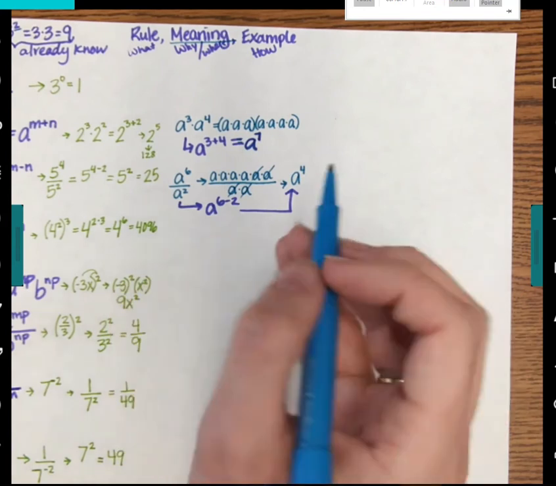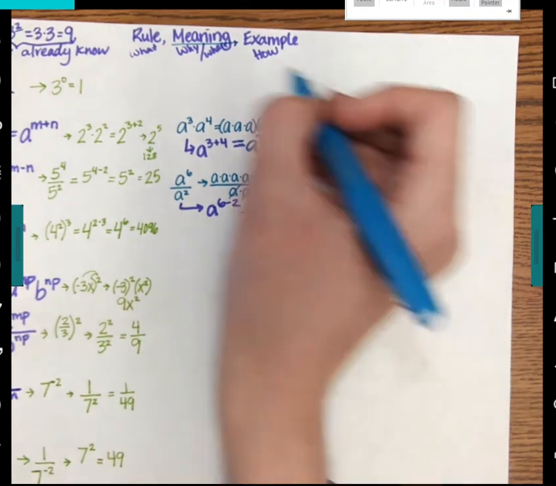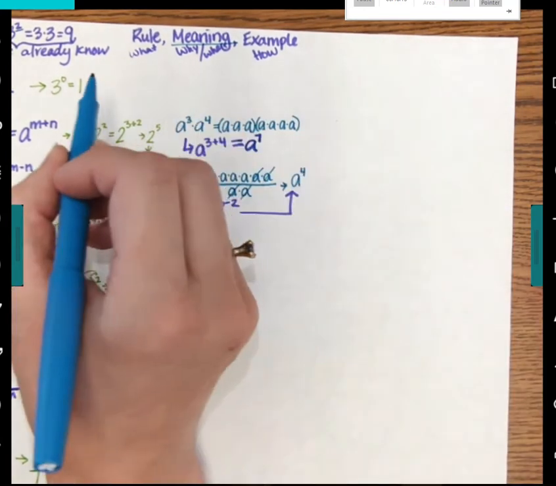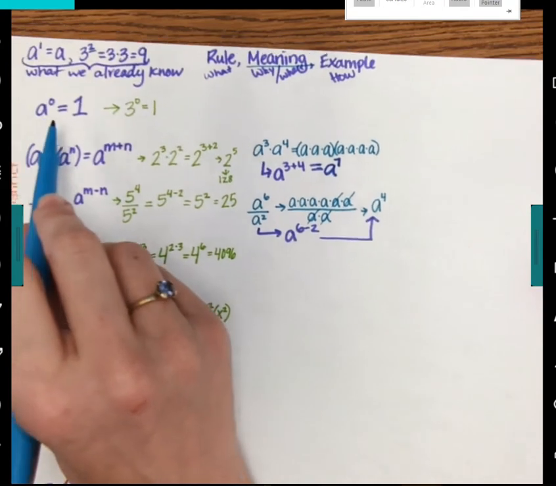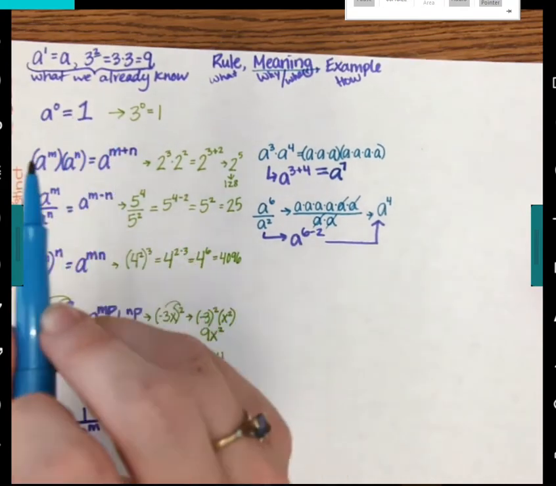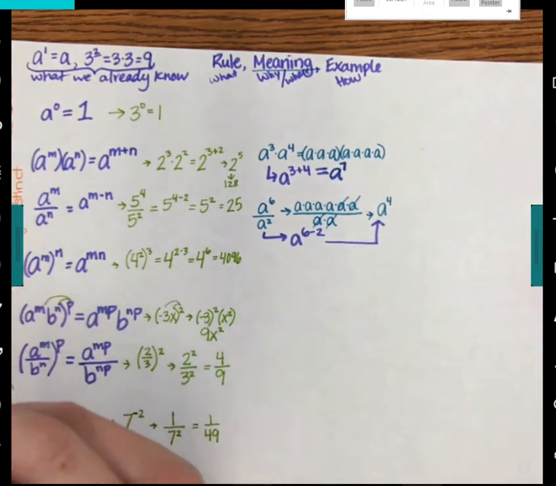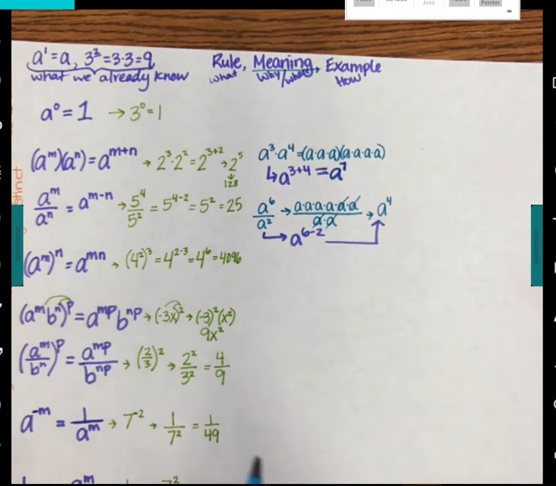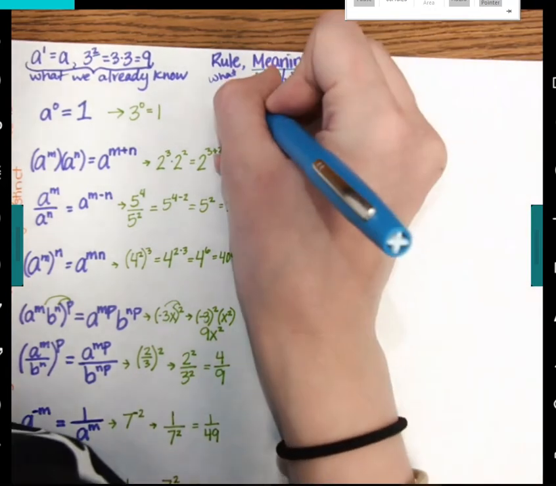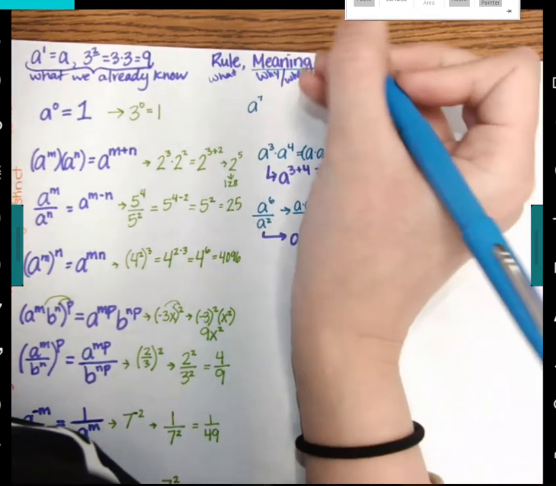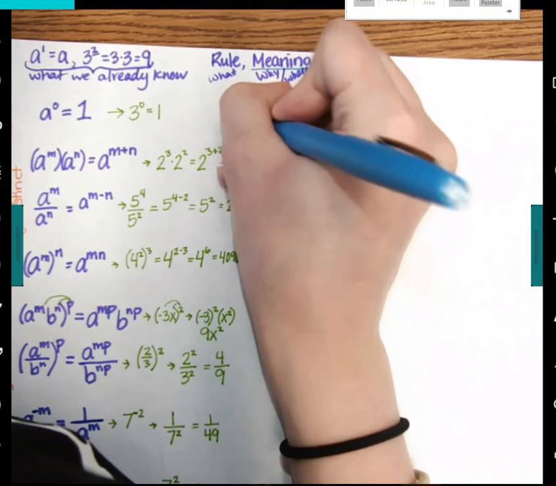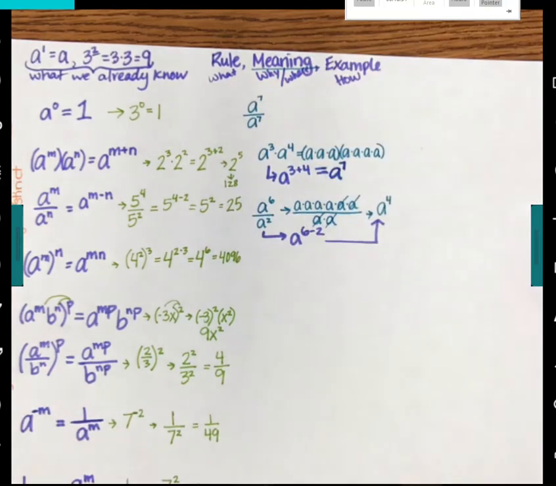Okay, so with this in mind, we're going to go back up to rule number 1. This says that anything to the 0 power equals 1. What that will look like, for example, say we have a to the 7 divided by a to the 7. I'm just showing you where this rule comes from.